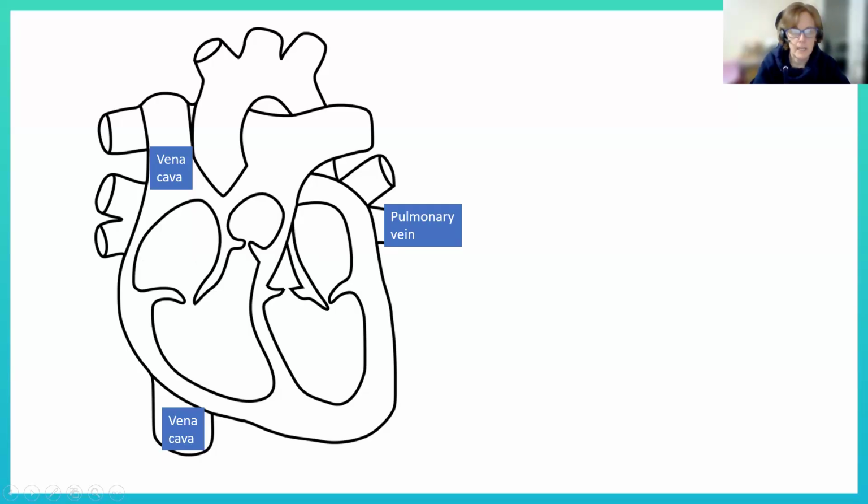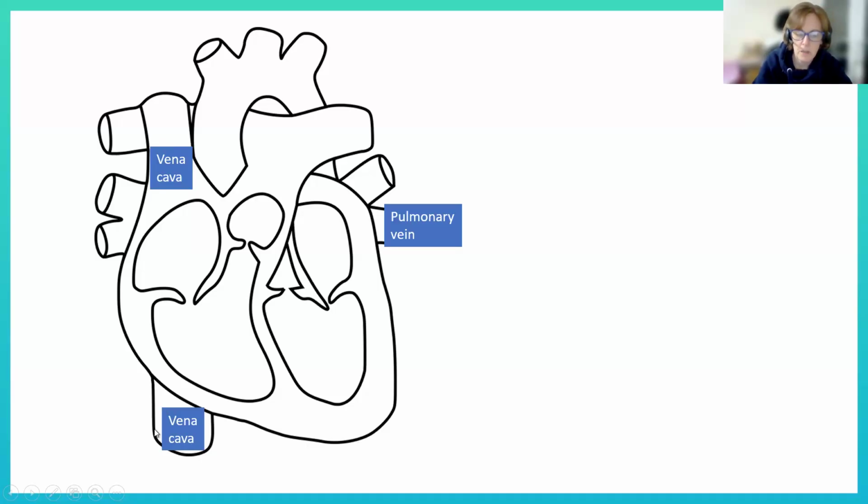And it has veins going in and arteries going out. And on this diagram, we've got the veins labeled up. So we've got the vena cava, or some people call it the vena cava. And both of these are labeled vena cava. And that's because you've got one coming from the bottom of the body.